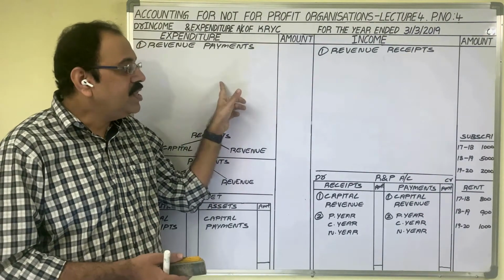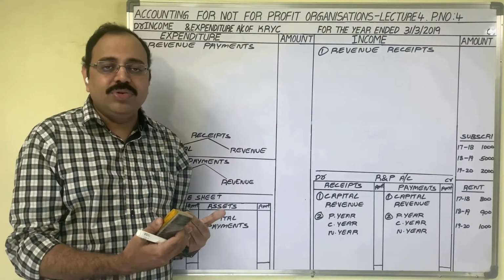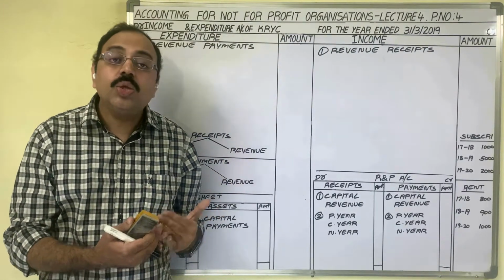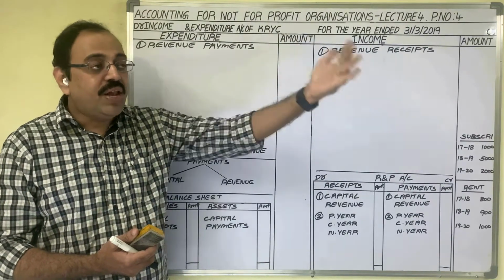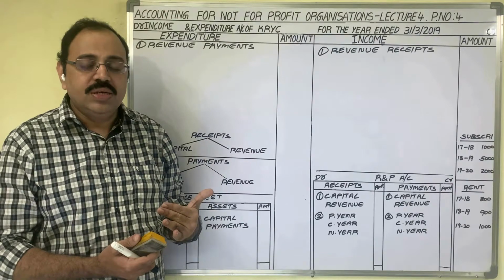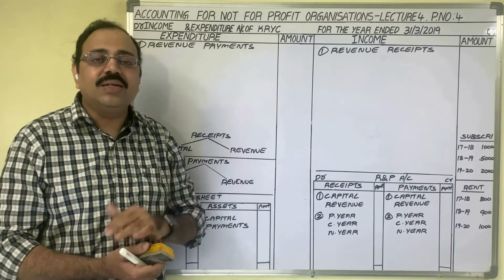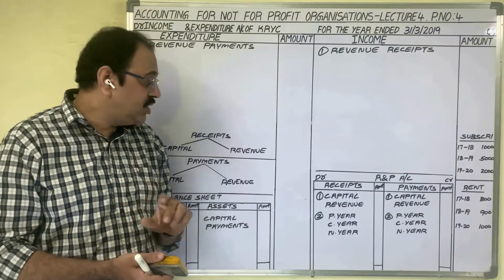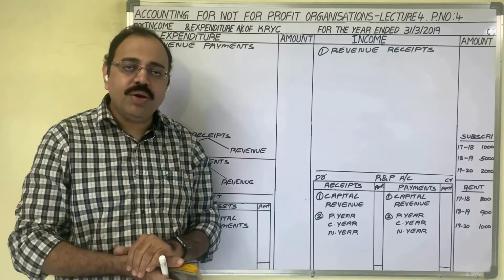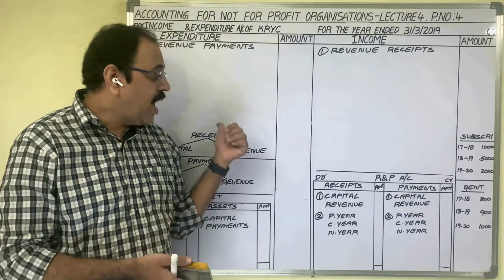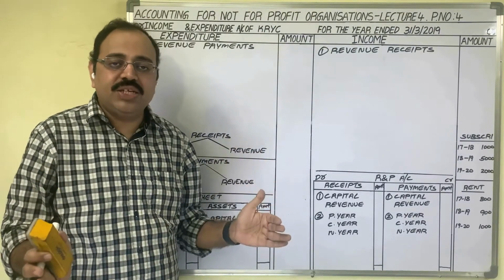Otherwise, this organization received a legacy amount. Legacy means what? Through the will of a person, after his death, if any amount comes to us, that amount is known as legacy. So legacy is a capital income because regularly it is not going to come. Suppose they have one fixed asset, furniture.